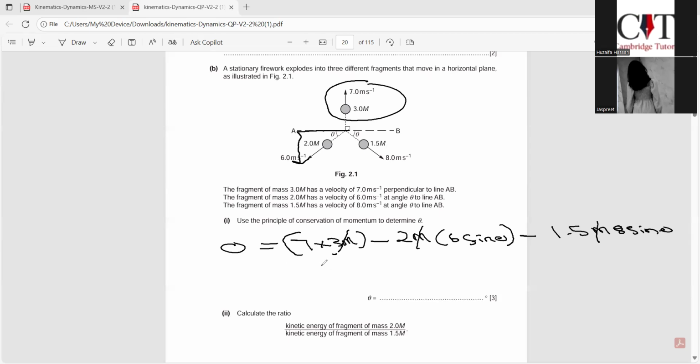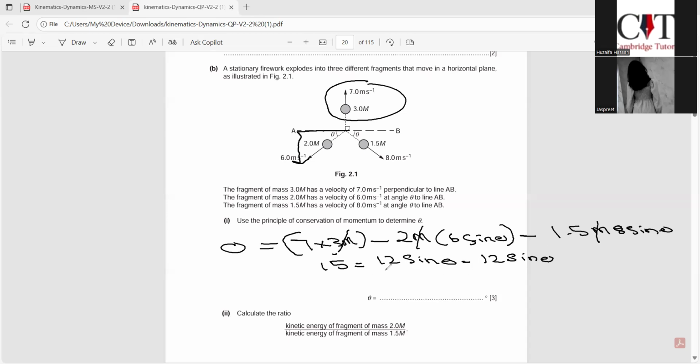Then it would be 7 into 3 is 15 equals 12 sine theta minus 1.5 into 8. Okay, it will give us 0 here.